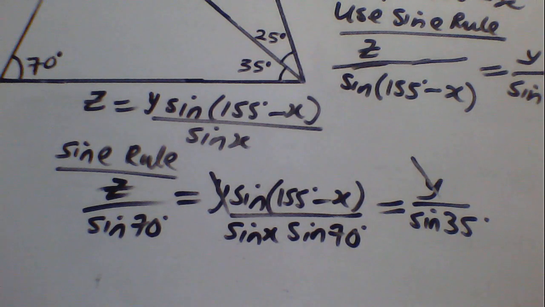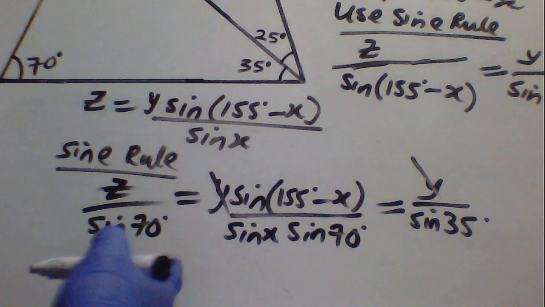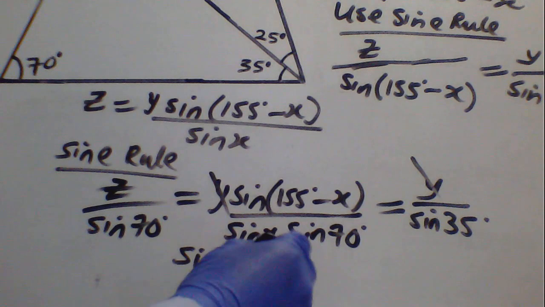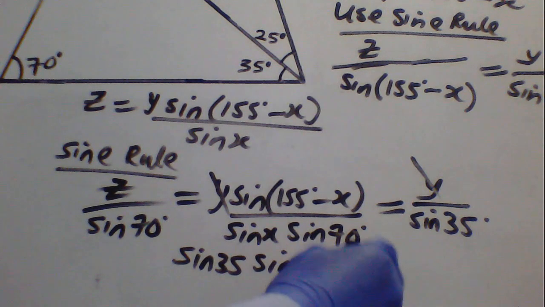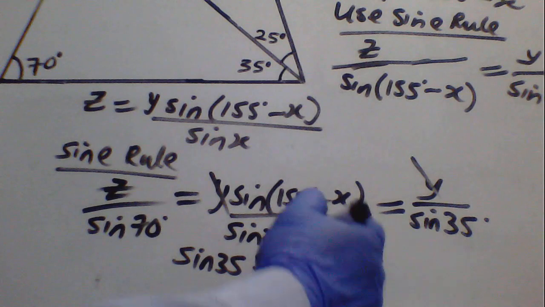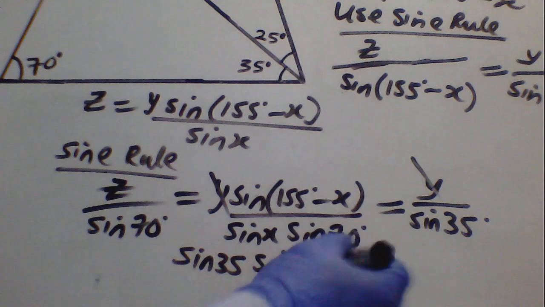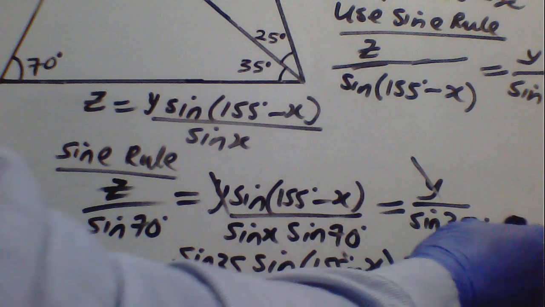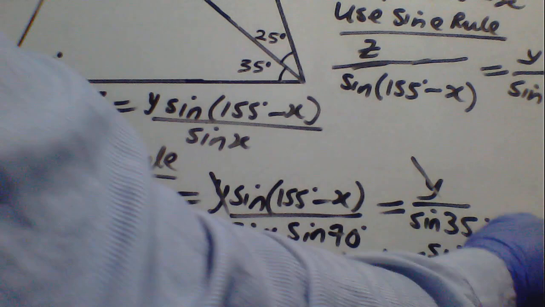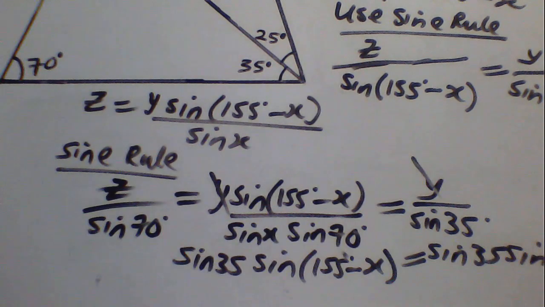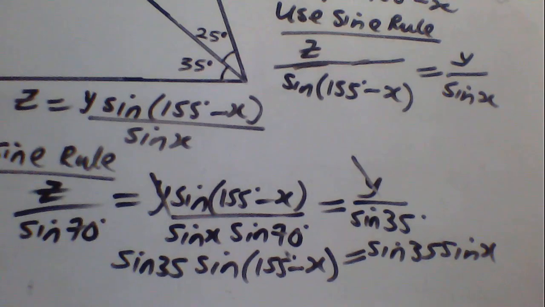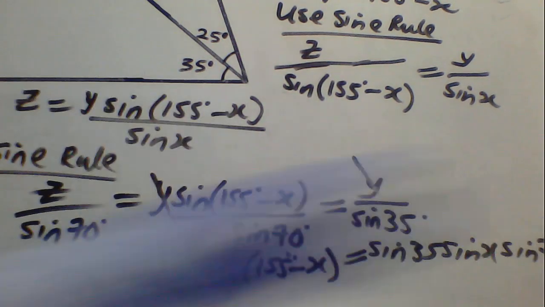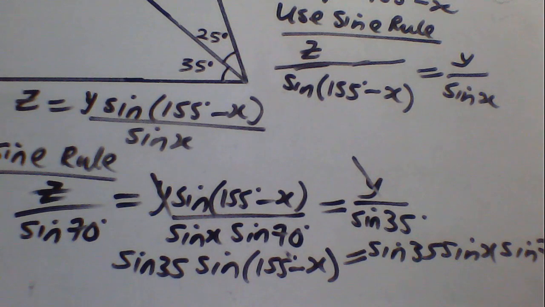By our cross multiplication, you have sine 35 sine 155 minus x, which when you cross multiply will be equal to sine x and then sine 70. So that is it.